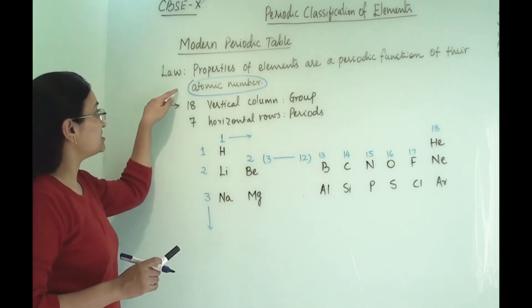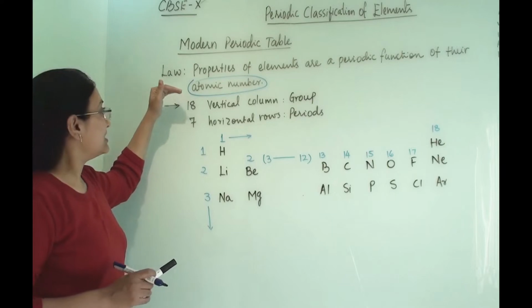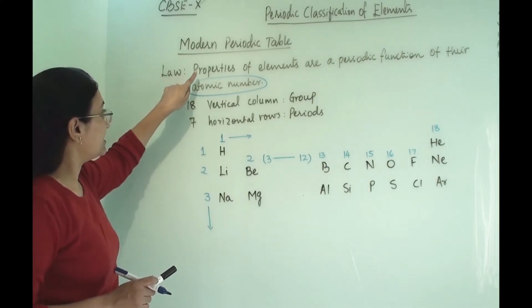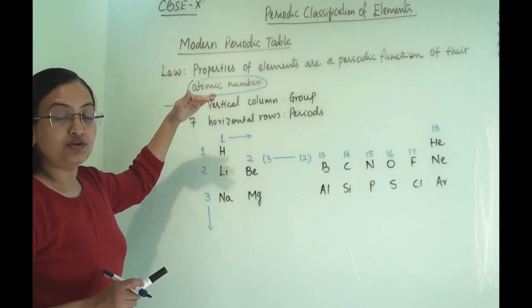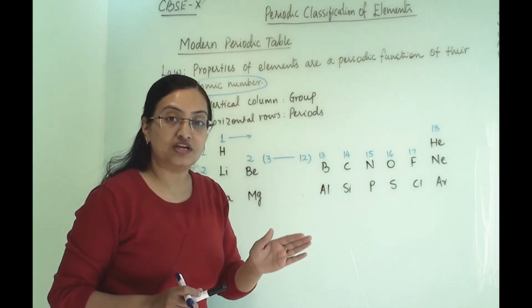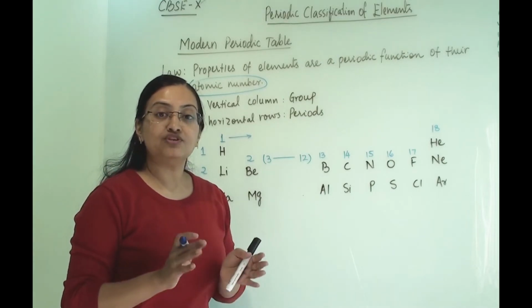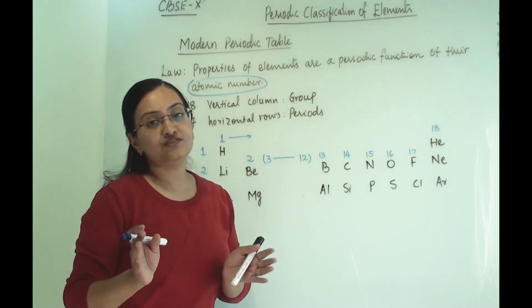The modern periodic table was given by the scientist Moseley. He suggested that if we arrange the periodic table according to the increasing order of atomic number, then we can eliminate all the limitations we face in Mendeleev's periodic table.